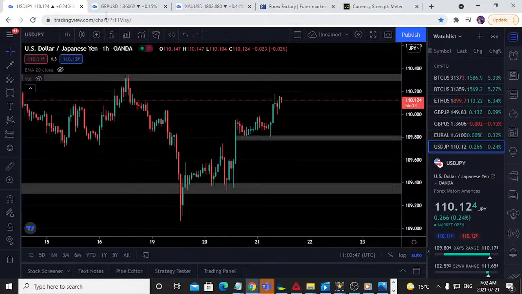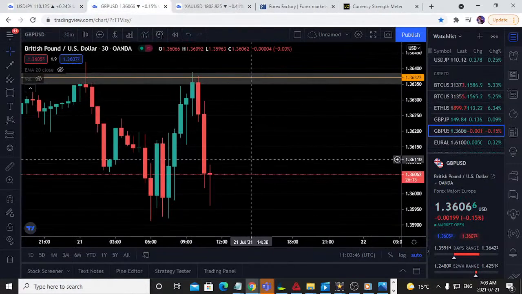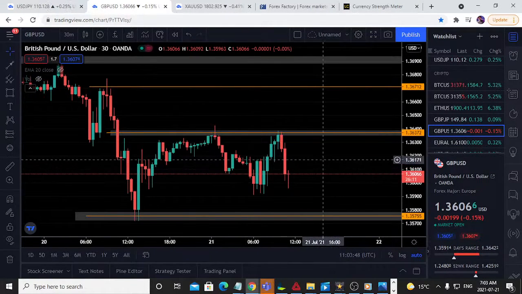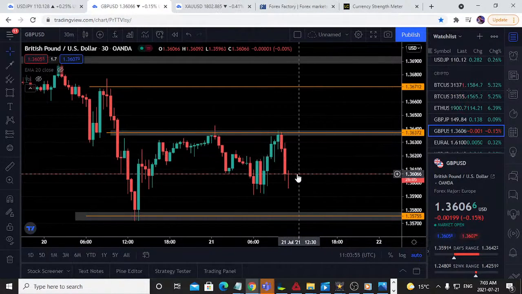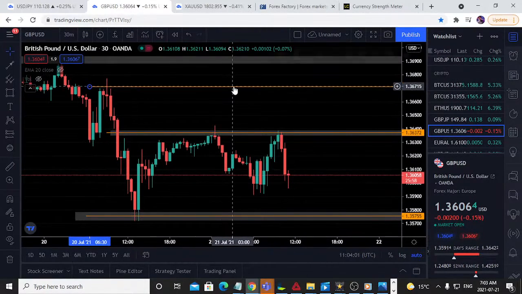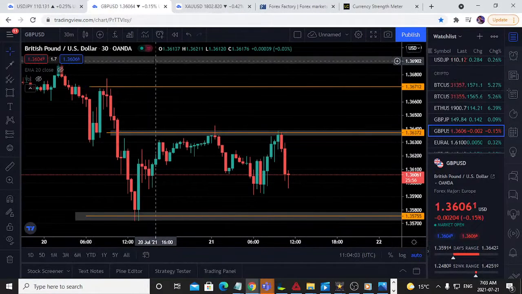We took a 7 pip loss on GU. The reason why, and what I have to analyze, is because this move already happened. Calling this would have been very rare because we're in this no trade zone kind of area.